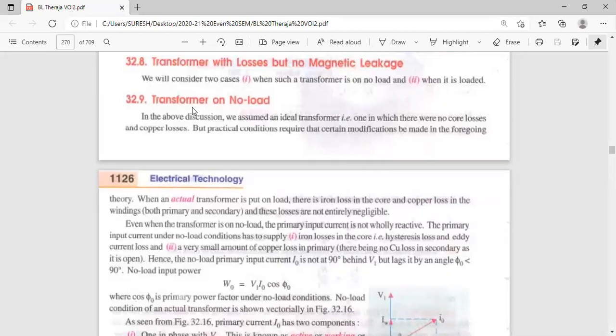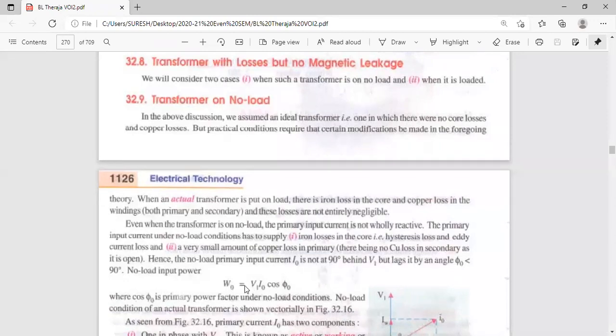The transformer is having two losses. First one is iron loss or core loss, because the core is made up of iron. Second one is copper loss.